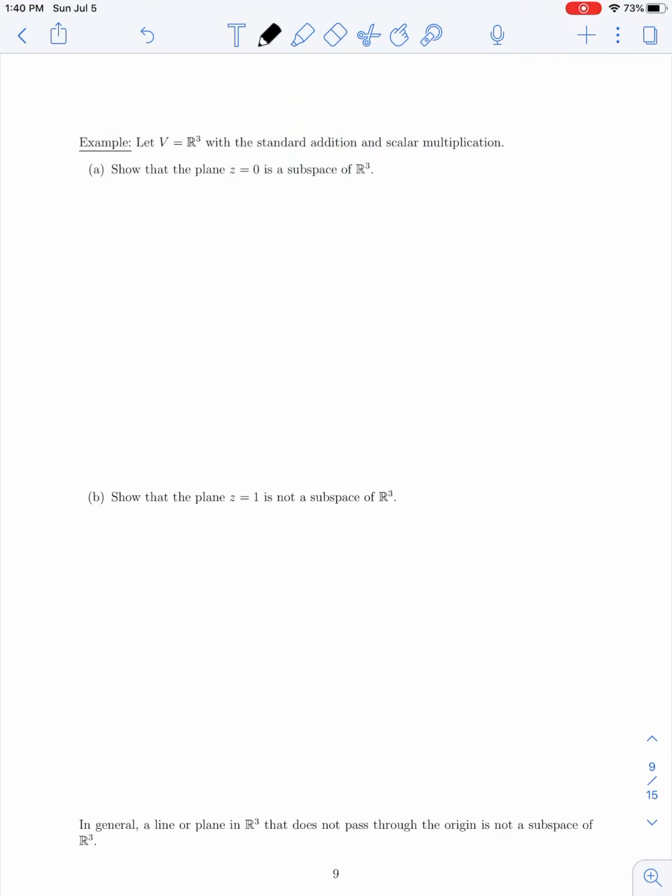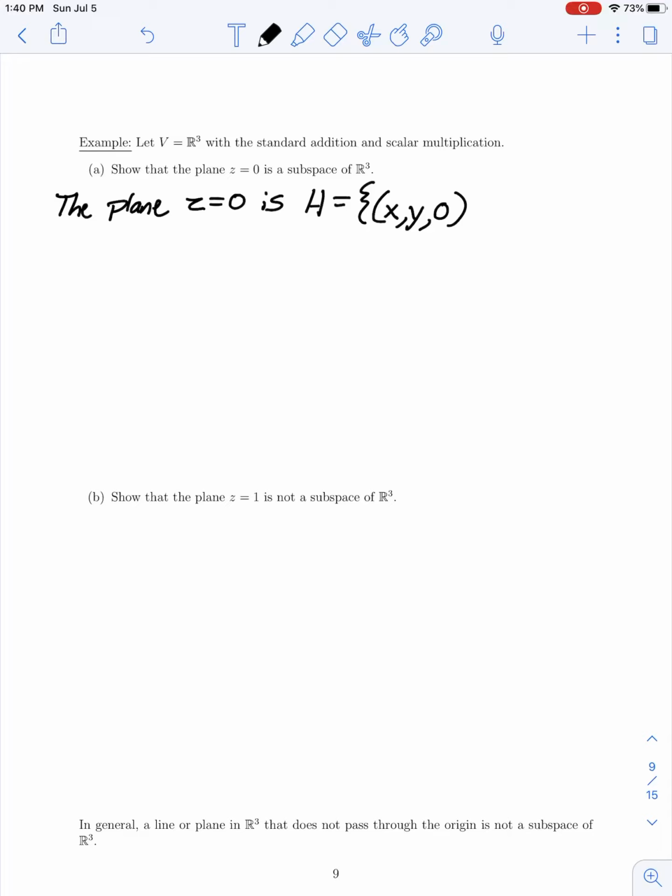As with our previous example, let's think about how we could define this plane in terms of vectors. Here we can say the plane z equals 0 is the subset H of R3 of space, such that we would be considering vectors of the form (x, y, 0).